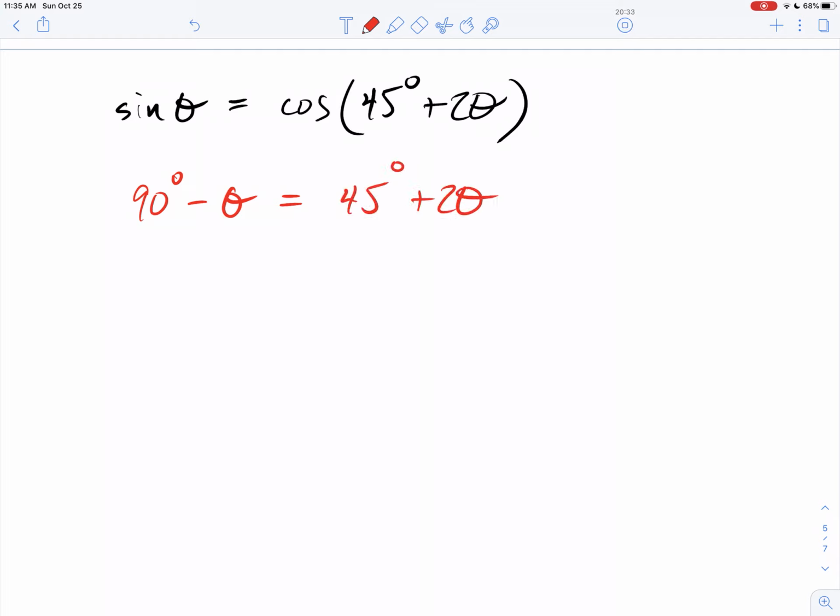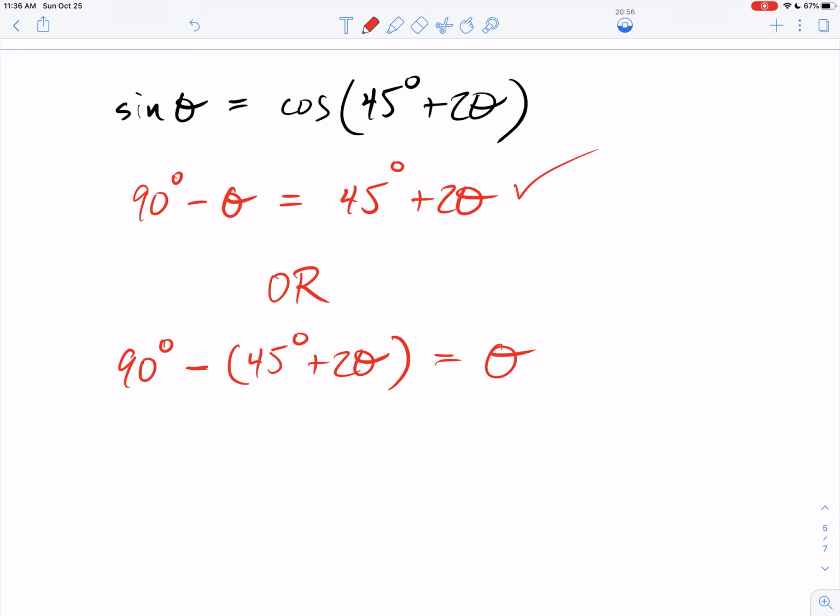That is one way I could do this problem correctly. Or I could have said 90 degrees minus this whole chunk equals the other side. These two equations right here are going to give me the same exact answer.